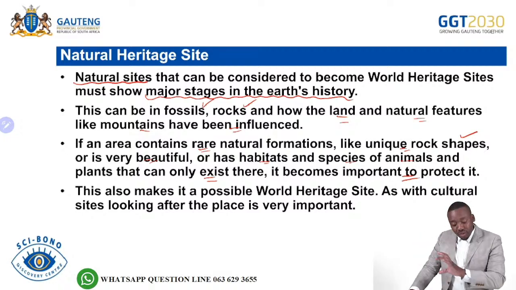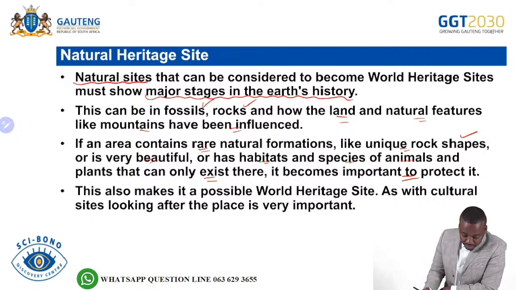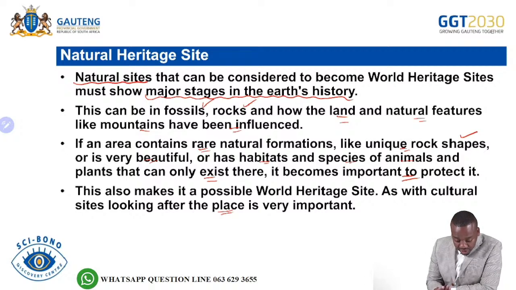So when a particular site has all those elements, then it can be part of what? Of UNESCO's Natural World Heritage Site. And then the last point I'm saying, as with cultural sites, looking after a natural site is also very important.